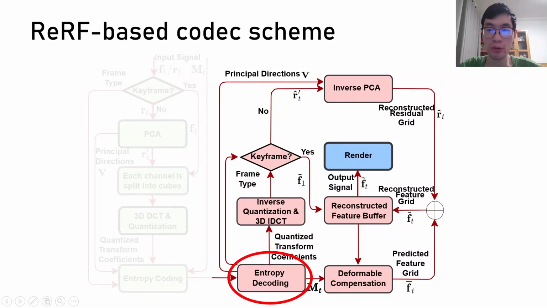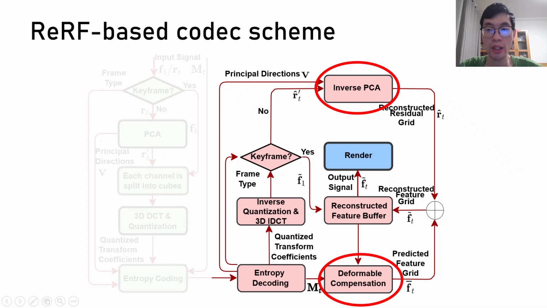And when the bit string is received, it will first be entropy decoded into the quantized transform coefficients. And this data will be reconstructed by performing inverse quantization and 3D inverse DCT. And then it will also judge whether it is keyframe or not. If it is the keyframe, it will directly be sent to the renderer.